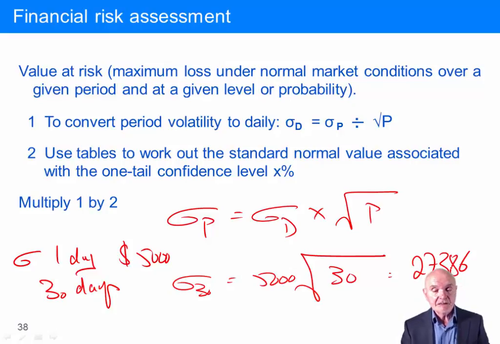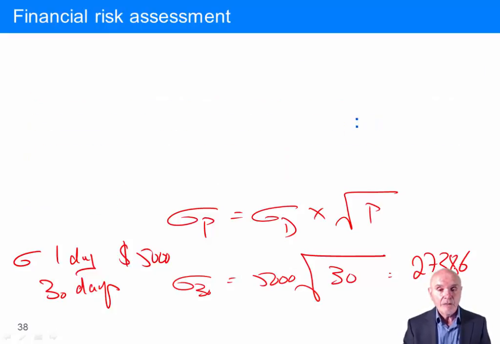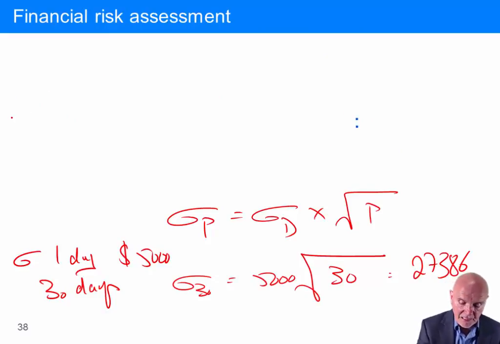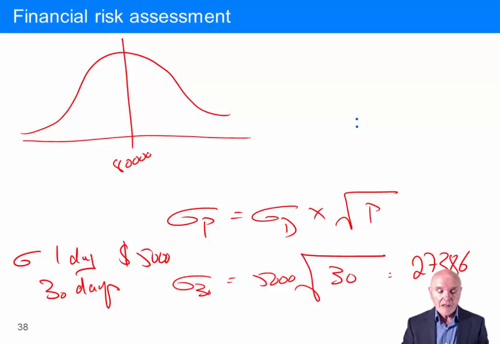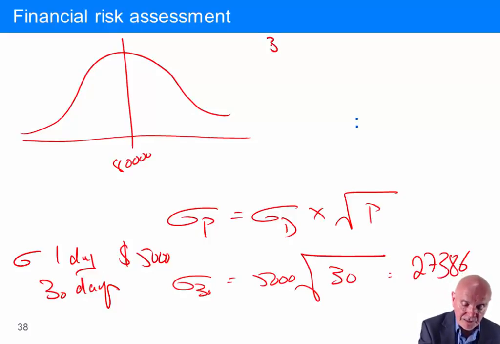So let's then go back and say what we're going to be interested in here is we're going to hang on to our investment. Our investment, I think, was at 80,000 mean. But we're going to be looking at what happens after 30 days.